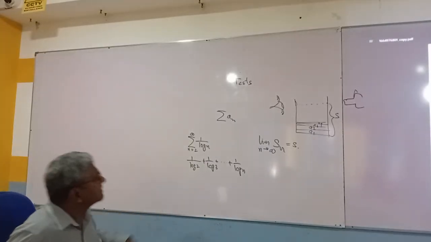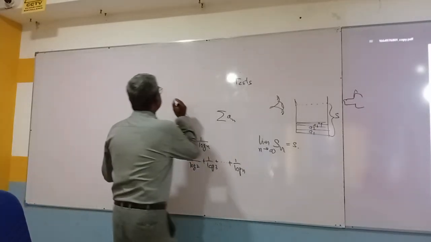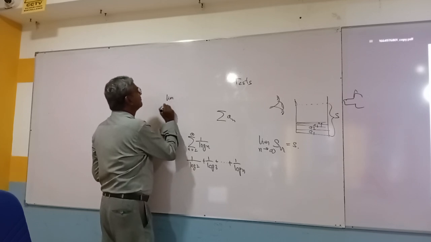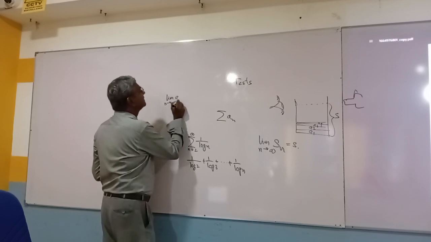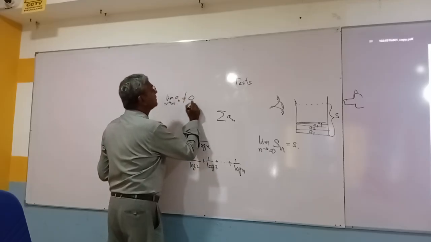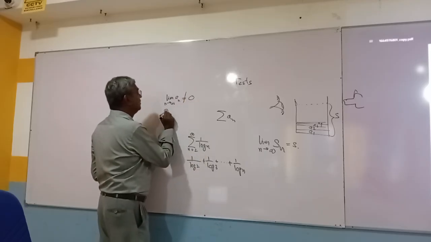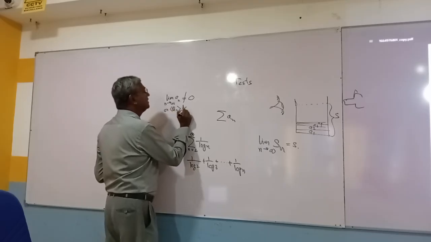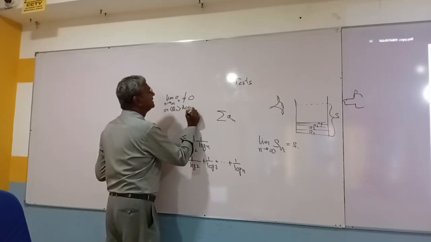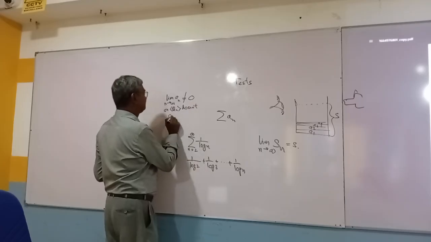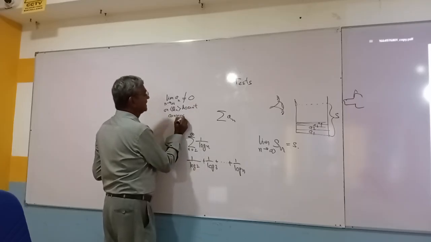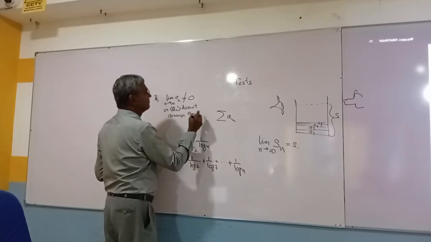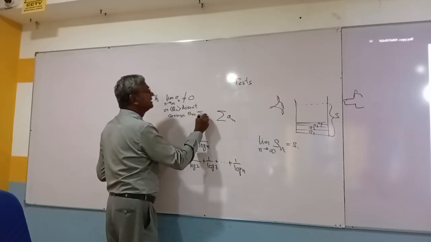So the very first test we learned: if the limit as n tends to infinity of a_n is not equal to 0, then a_n doesn't converge to 0, and then sigma A diverges.